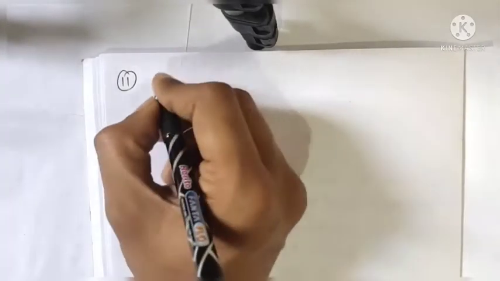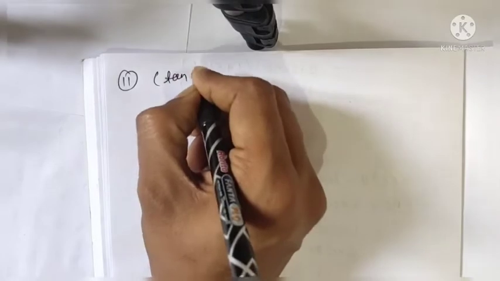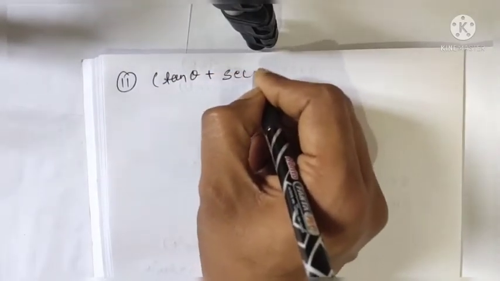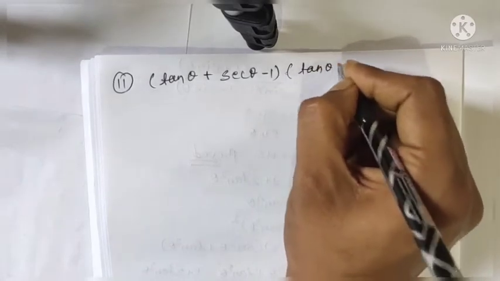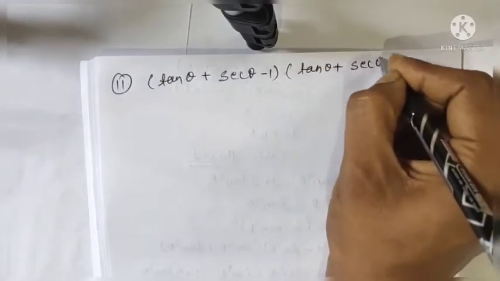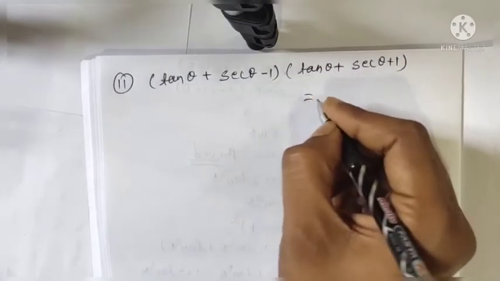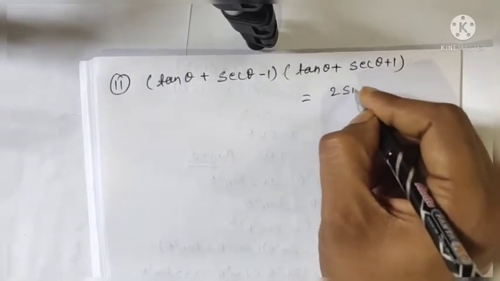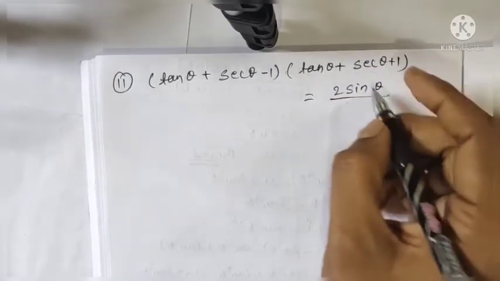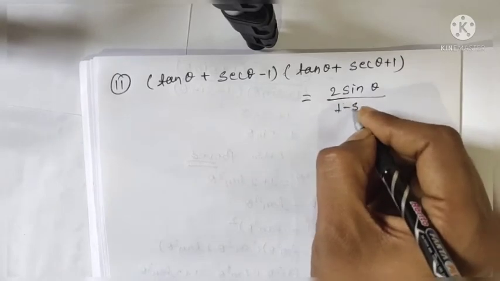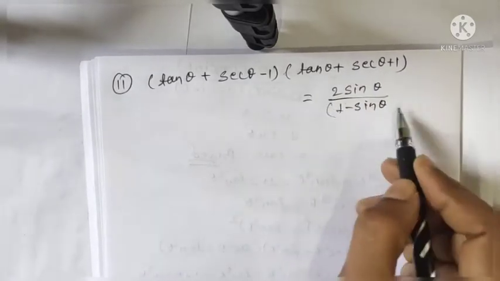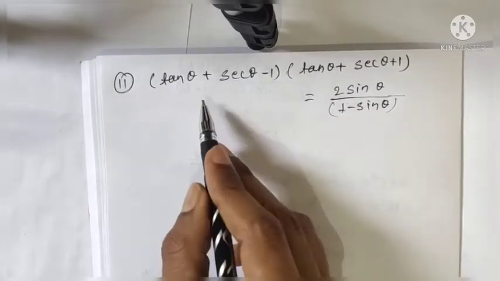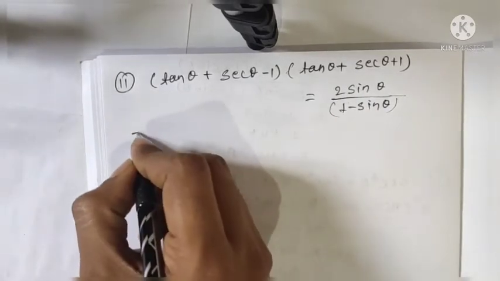Now question number 11. Question number 11 is (tan theta plus sec theta minus 1) into (tan theta plus sec theta plus 1) equals 2 sin theta by 1 minus sin theta. So in this question the right side is much simpler, so we are going to solve the left hand side.